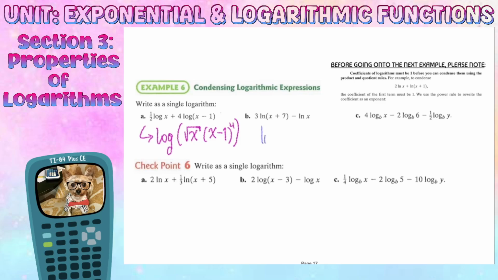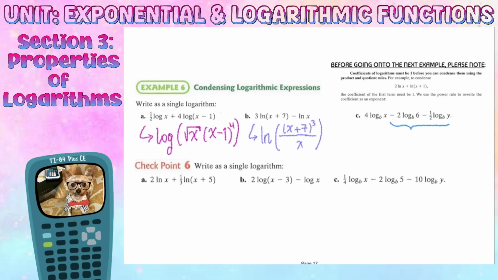So what are we left with? ln, which again is log base e, and my numerator is x plus 7 to the 3rd over x. And again, ln is the natural log, and it's log base e. Finito.